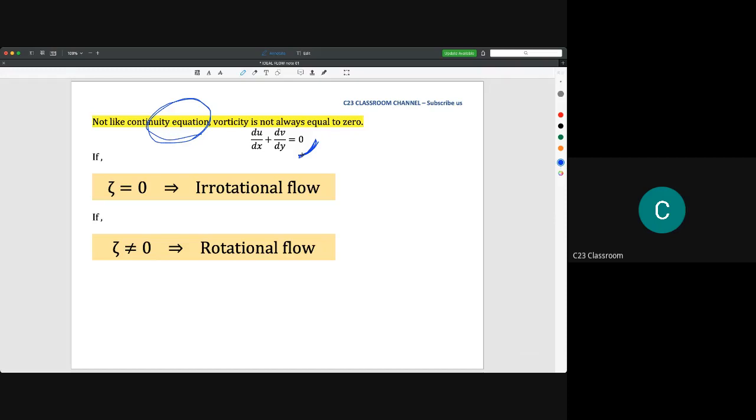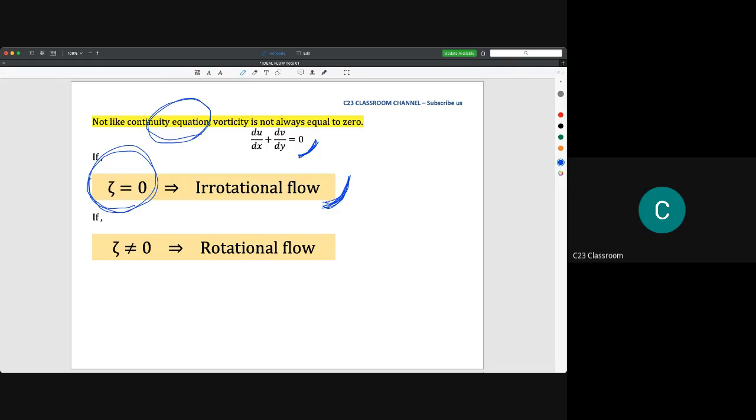So vorticity can be equal to 0 and can be not equal to 0. Normally we take it as a positive value. If the zeta is equal to 0, we call it an irrotational flow.